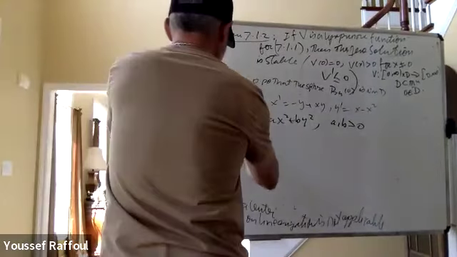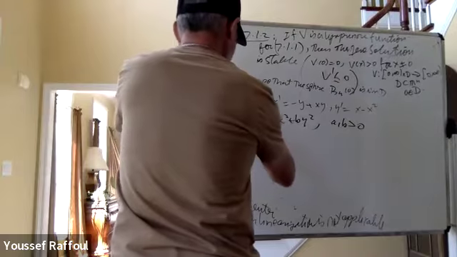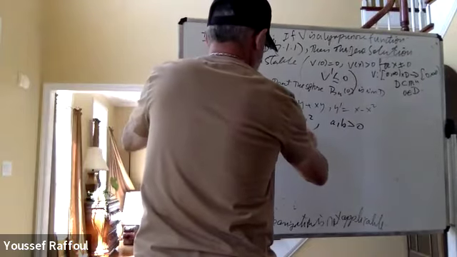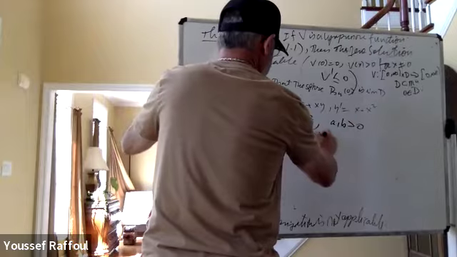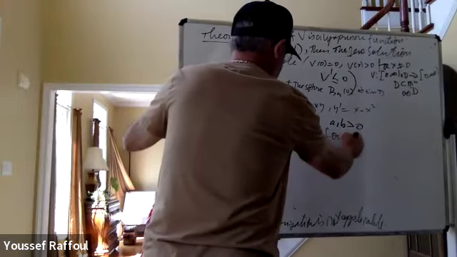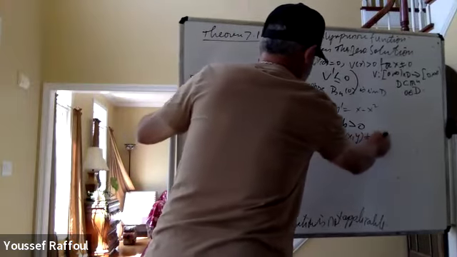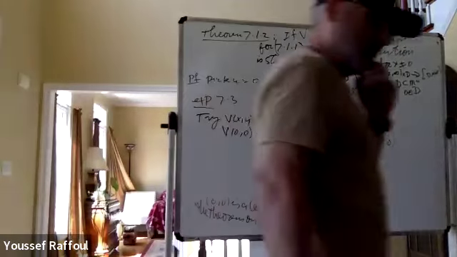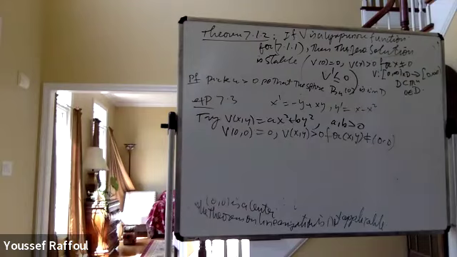So we can easily see V(0, 0) is 0 and V(x, y) is positive for (x, y) not (0, 0).